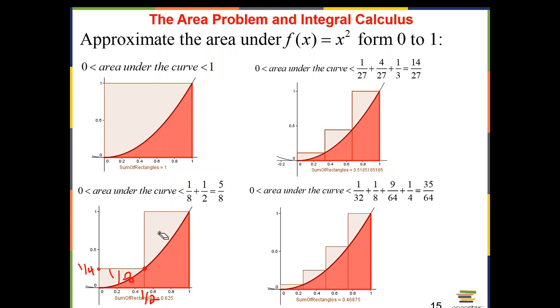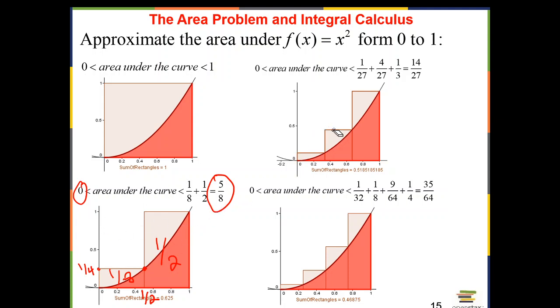What's the area of this rectangle? Well, it's 1/2 times 1. So that's 1/2. So 1/8 plus 1/2 is 5/8. So now we can say that the area of the red part is between 0 and 5/8, which is closer, right? So it's a better precision.